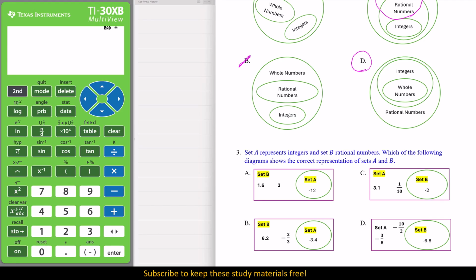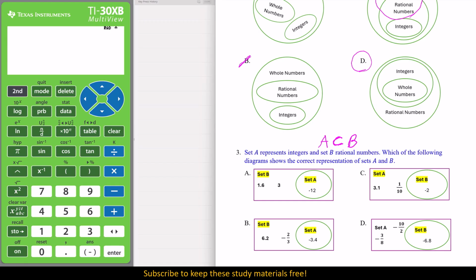If A represents integers, as we said in the prior question, that means A would be a subset, and a proper subset, no less, of B. Well, that being the case, let's take a look.